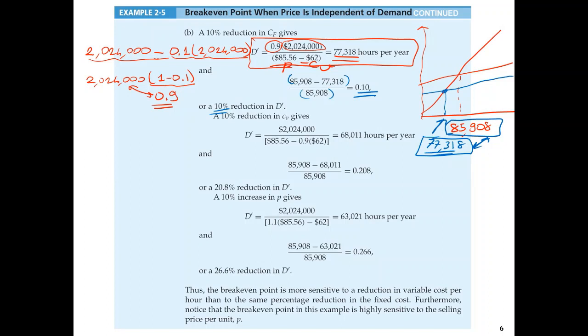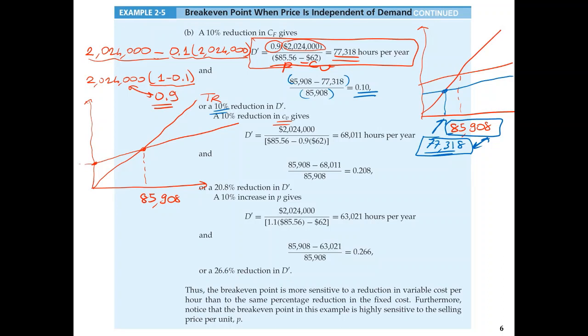Now let me show you this case on the graph, what happens. This is our graph. There's no change in the total revenue function. Total revenue function is this one. The fixed cost is the same. Initially, the fixed cost and the variable cost is this much, and we have this break-even point. This is the original, 85,908 hours. Now, if we reduce the CV by 10%, we are reducing the slope of the line by 10%.